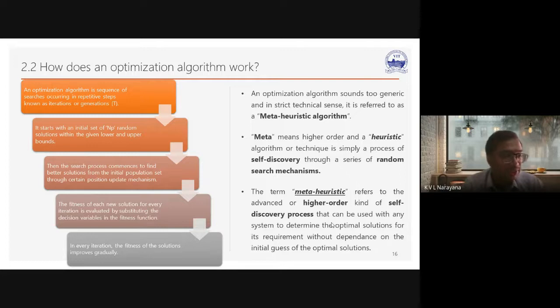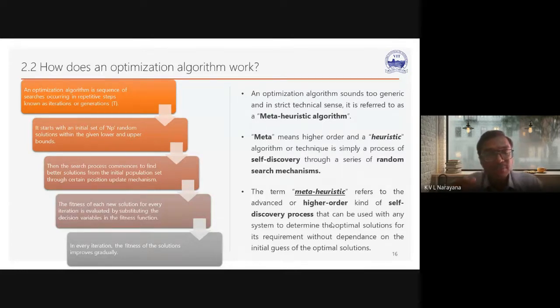Initially we get a number of solutions equal to the population size. Each solution of that initialization vector is called a population member. The initialization vector is generated within the lower and upper bounds.